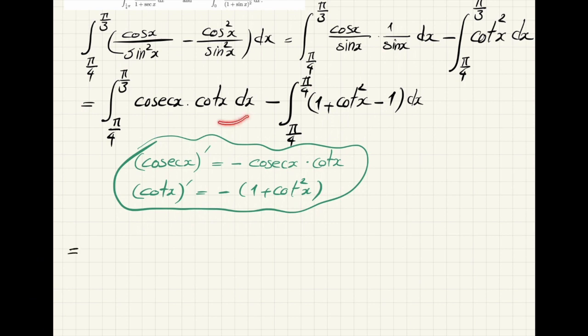The first part using this formula becomes minus cosecant of x calculated between pi over 4 and pi over 3, and then this negative sign with this 1 plus cotangent squared x, using this formula, becomes positive cotangent of x, and a primitive function for this minus 1 is minus x, but I have an extra minus sign here, so it becomes plus x.